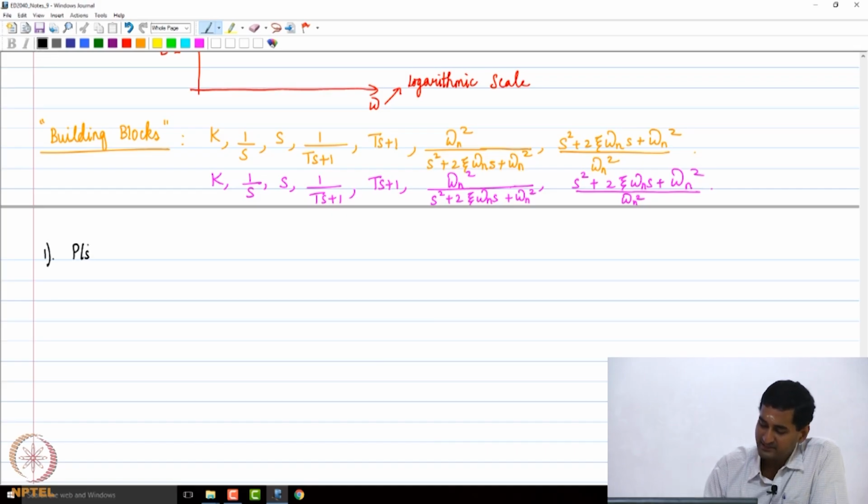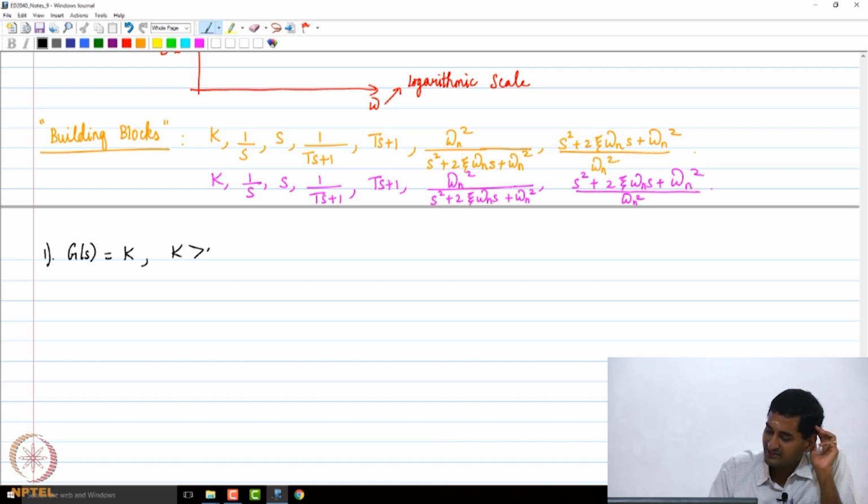Let me use the symbol g of s to say that it's any generic complex valued function. Anyway, k is a real number, so of course k is greater than 0, otherwise I can't take the logarithm. So let's say k is greater than 0, and we look at this one. Now what happens if I want to plot the Bode diagram?